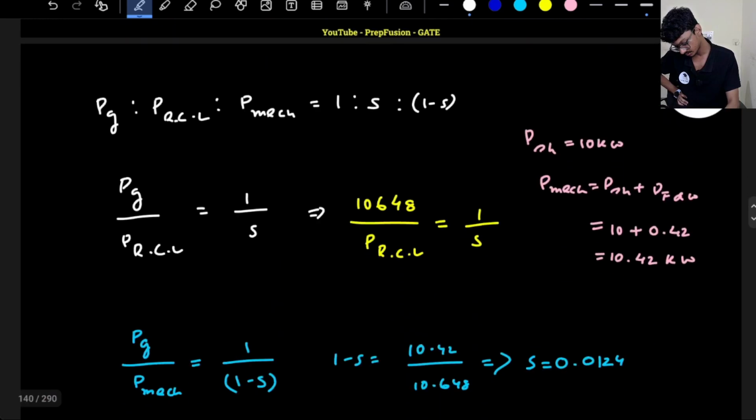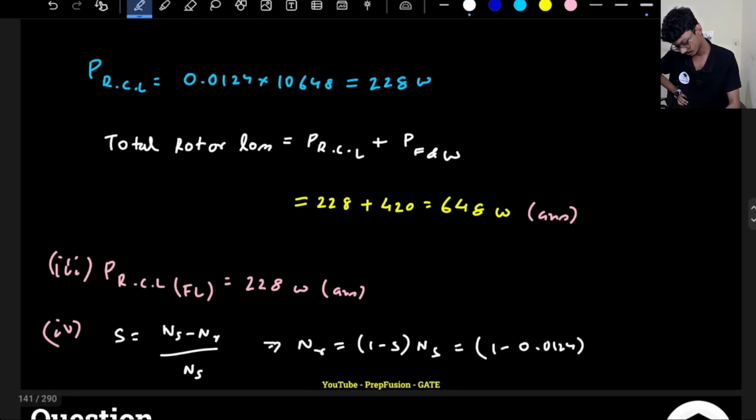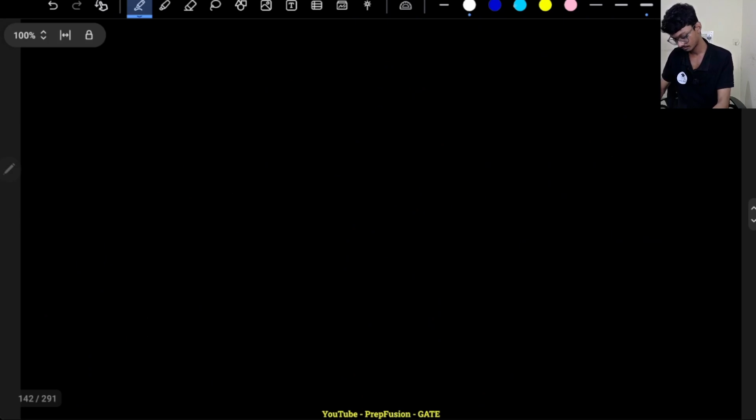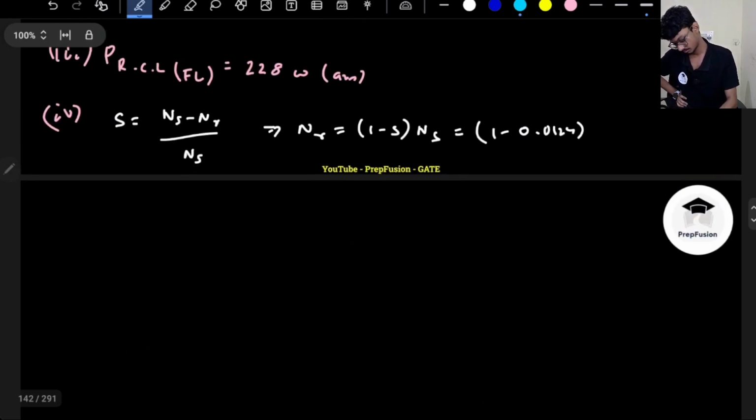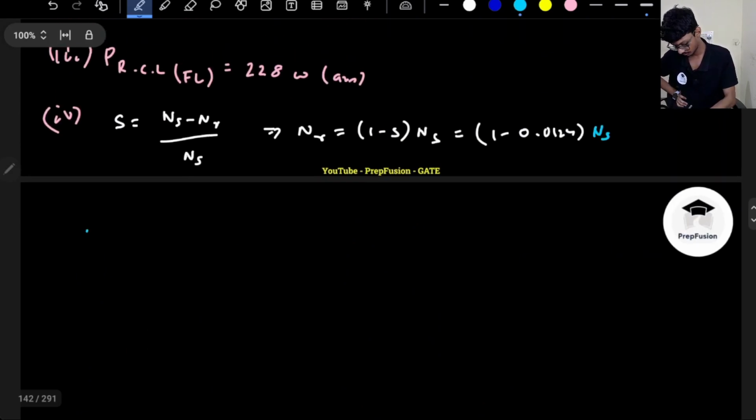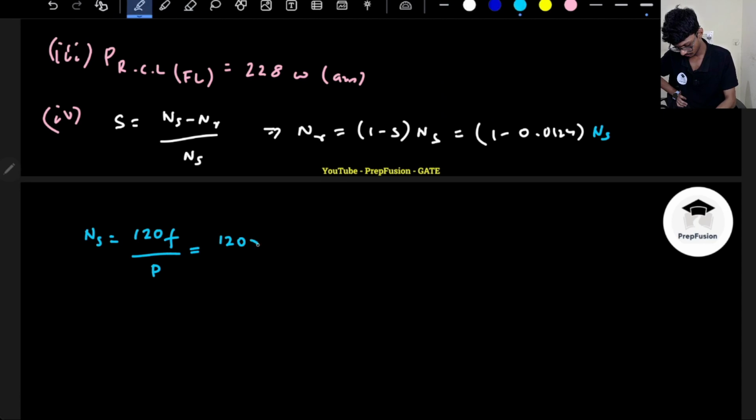So ns will be 120 into 50 by p, so 120 into 50 by 4, so this is 1500.